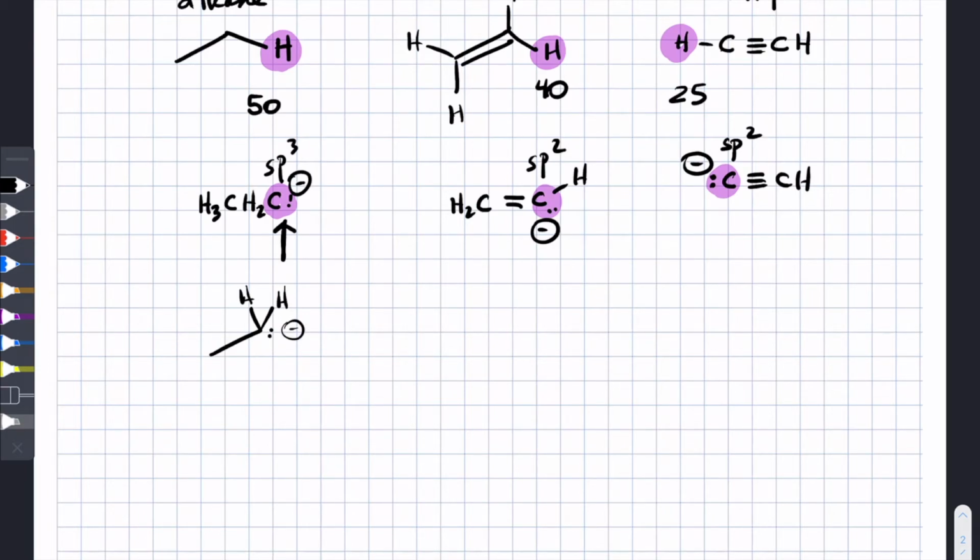So you're right, that carbon would need to be sp3 hybridized, and for similar reasons, the carbon that holds the negative charge here in this conjugate base would be sp2, and the carbon that holds the negative charge in the conjugate base over here would be sp hybridized. All right, so that's a difference.